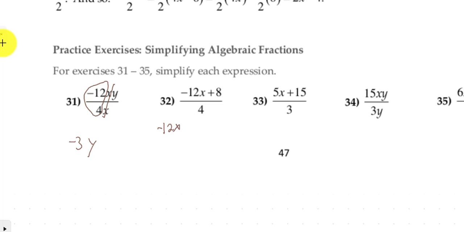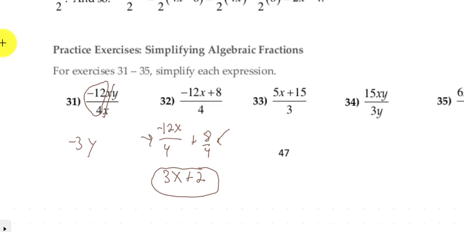Oh, my handwriting's falling apart again. Right, so I have the negative 12x on the top and 4 on the bottom, plus 8 over 4. And I can reduce negative 12x over 4 becomes 3x, plus 8 over 4 becomes 2. And this is my final answer, okay?